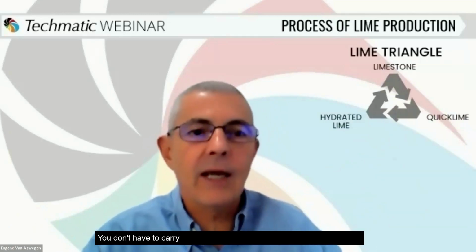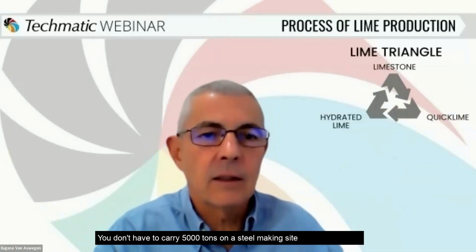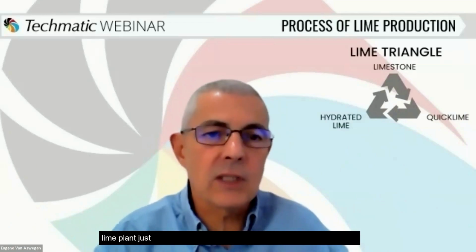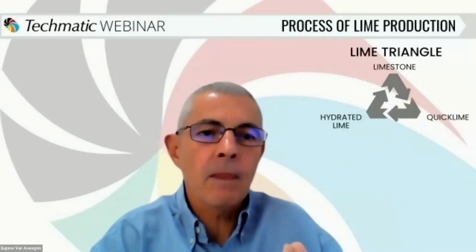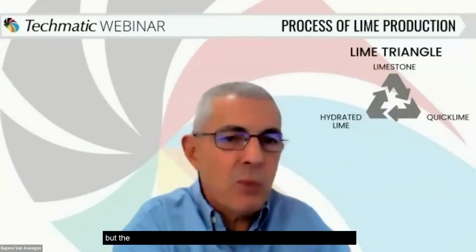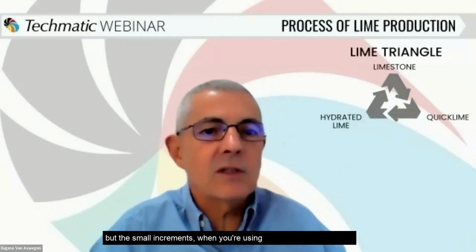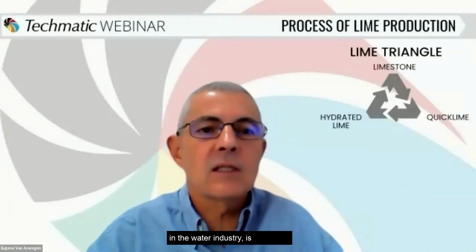You don't have to carry 5,000 tons on a steel-making site when you have a lime plant just down the road or a beneficiation plant just down the road. So, you may say, well, it's small increments, but the small increments, when you're using 10,000 tons or 1,000 tons in the water industry, is important.